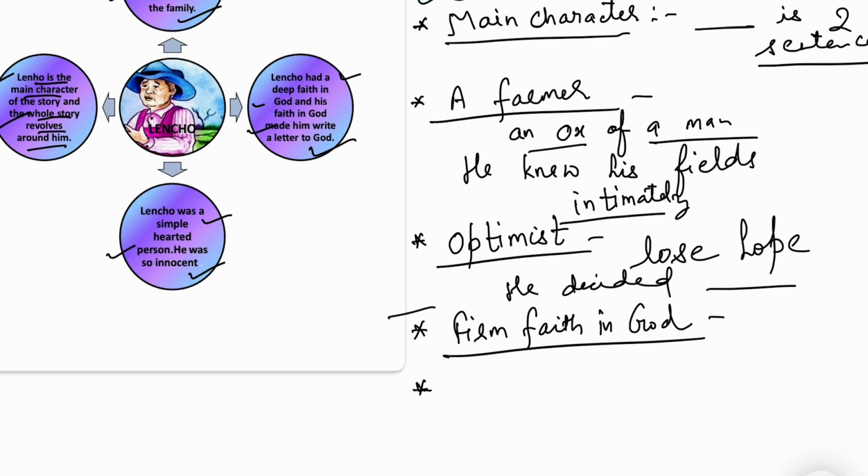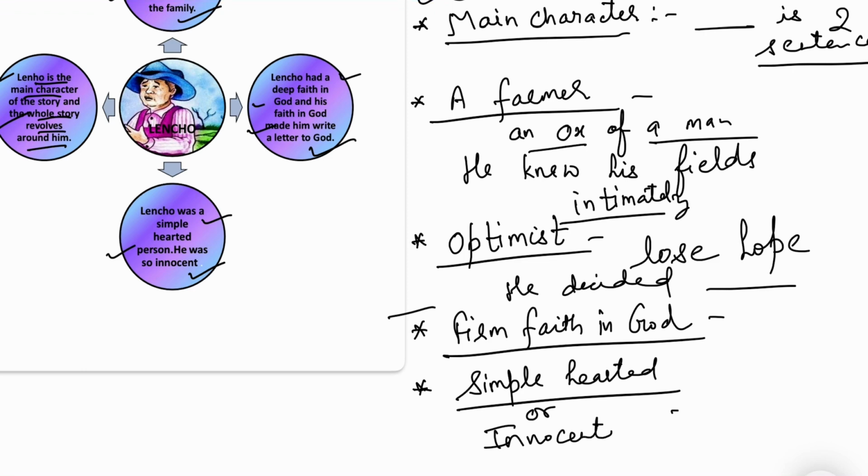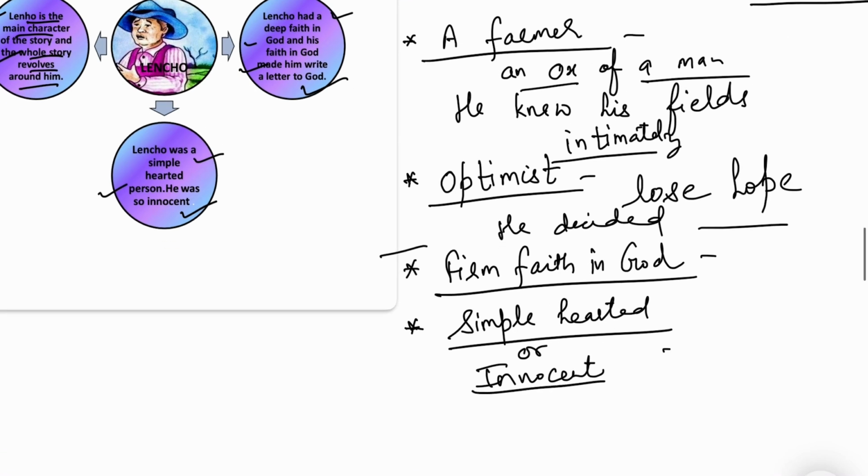Next one you can write, simple hearted or innocent. Lencho was an innocent person, or a simple-hearted person.